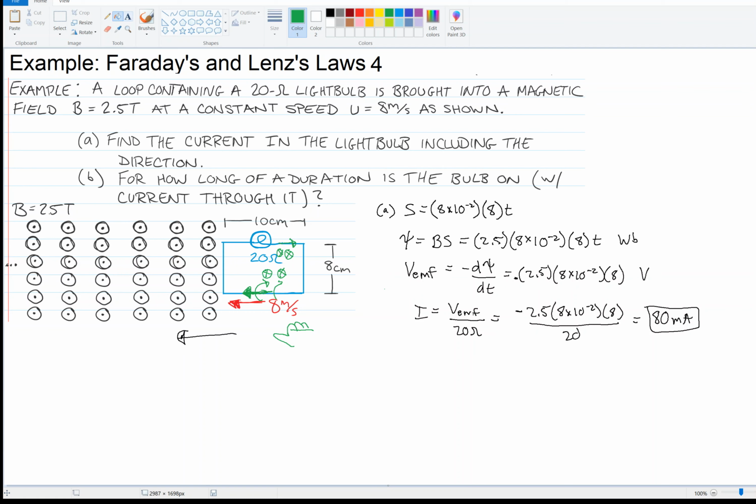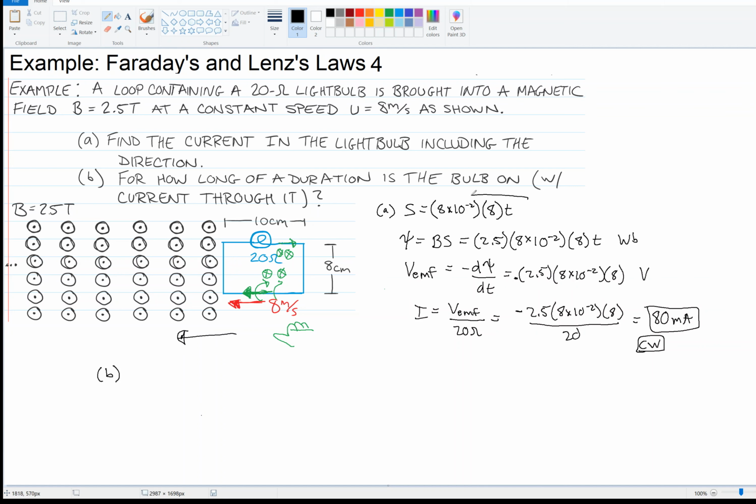So we will say 80 milliamps clockwise, and so you see why I dropped the negative, because we just explained the direction anyway. It's clockwise.